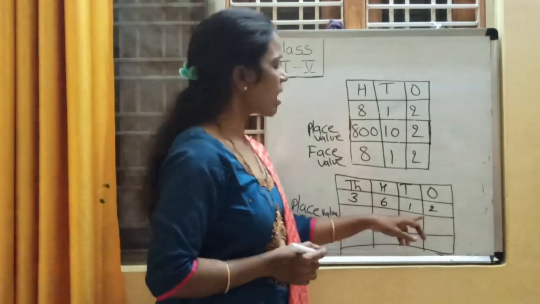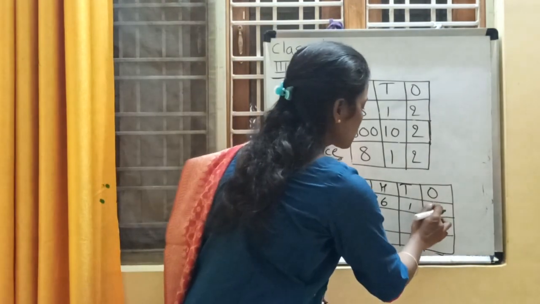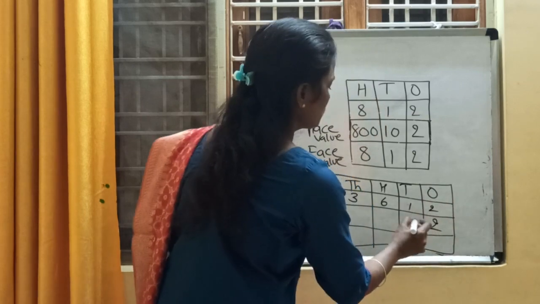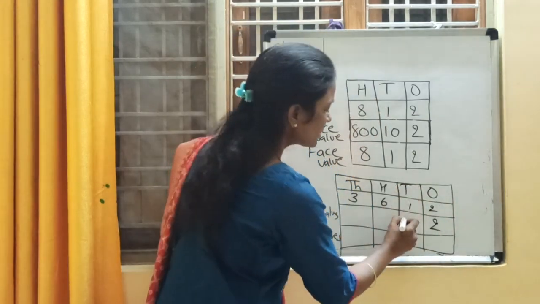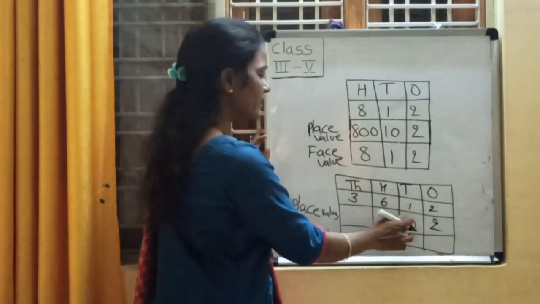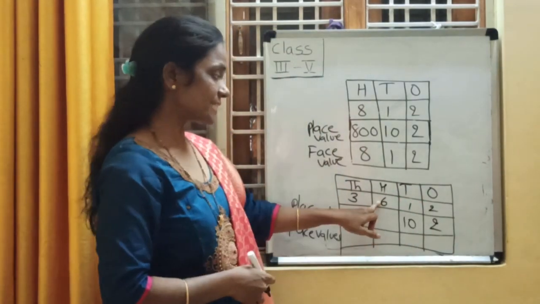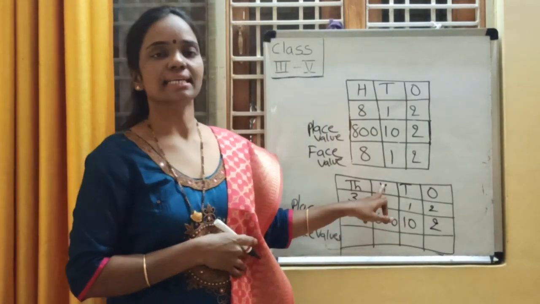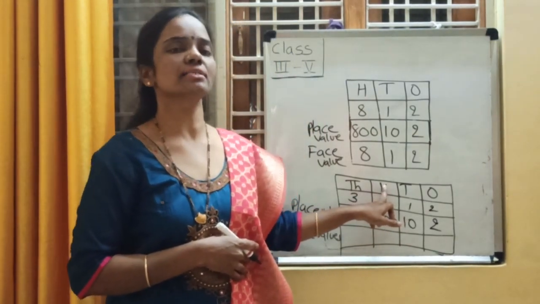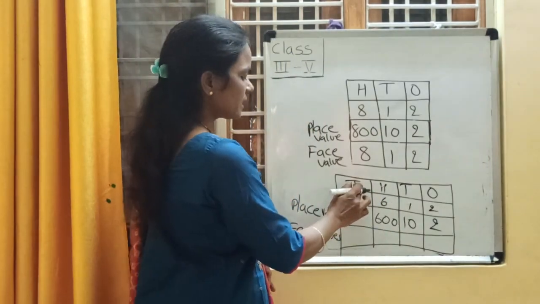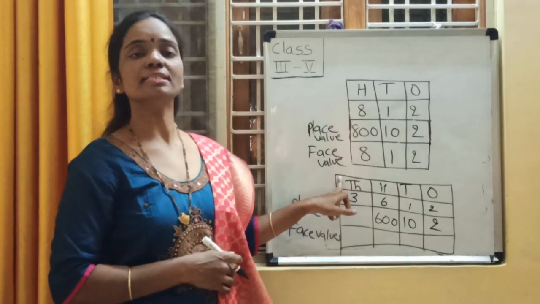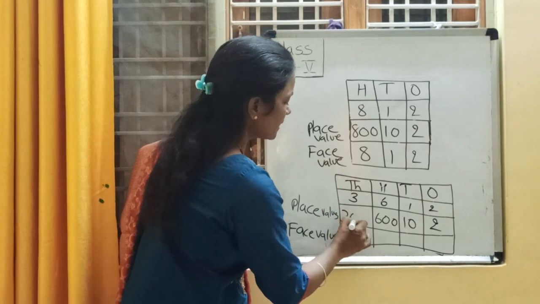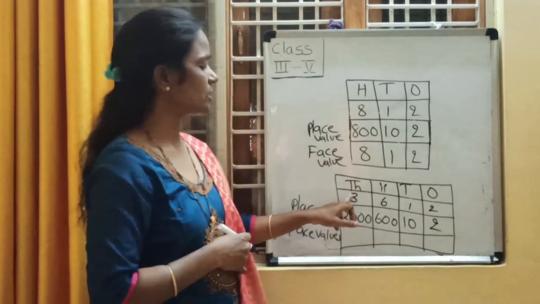Yeah, everyone along with me write down, children. 2's place value is 2 ones are 2. 1's place value is 1 into 10. 10 is the place value of 1. 6's place value is 600. 6 into 100. 600 is the place value of 6. 3's place value: as 3 is in 1000's place, what is its place value? Yes, 3000. 3000 is the place value of 3.